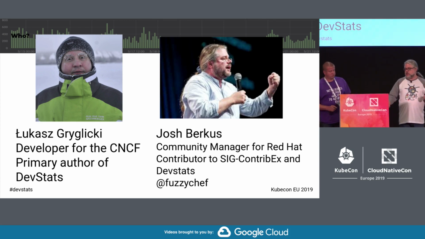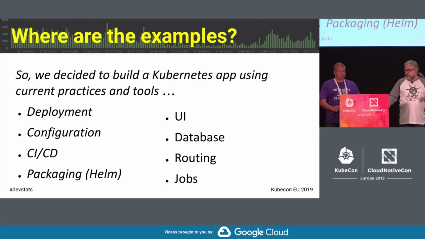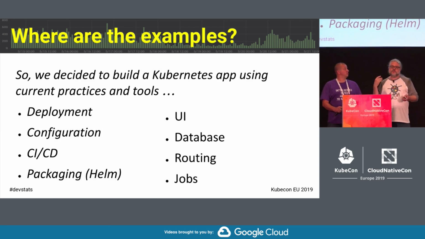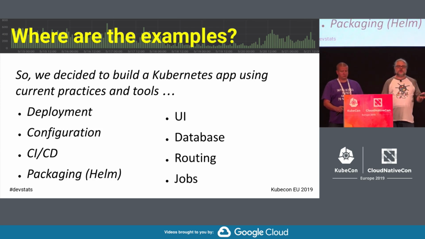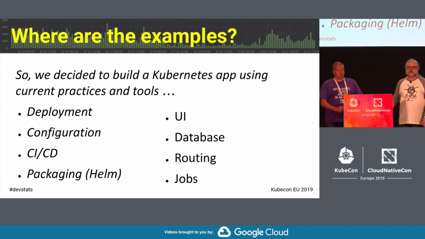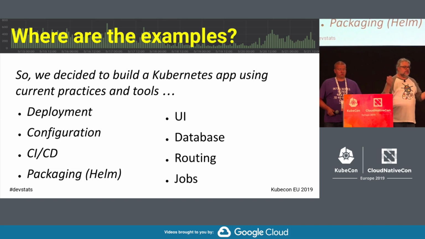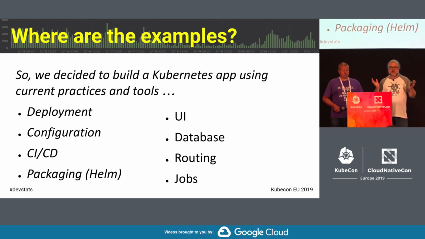But let me talk a little bit about why we're here. We've had an issue open for a long time to better Kubernetify DevStats. But a while ago, I was teaching some new people how to use Kubernetes properly, and I was like, hey, let me find a good example for you of a production application in Kubernetes, right?